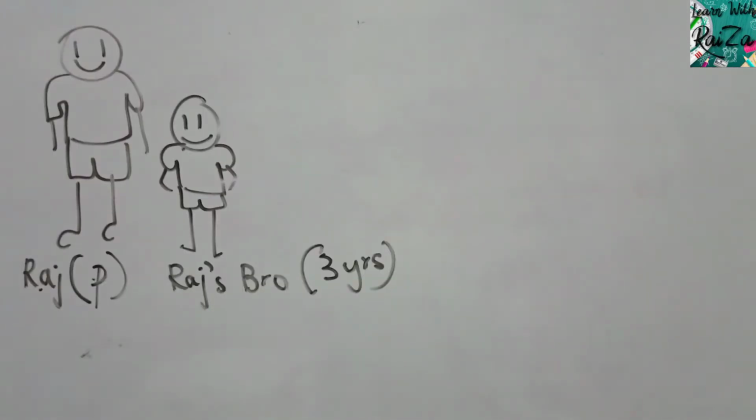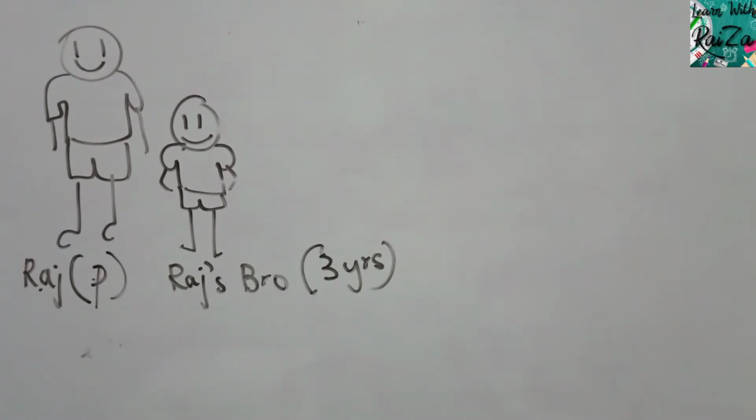Now let's take another question. A little bit of nice question. Here I'm going to tell you two brothers, Raj and Raj's brother, are there. Raj's brother's age is 3 years, and I'm telling that this 3 years is equal to a certain unknown value.